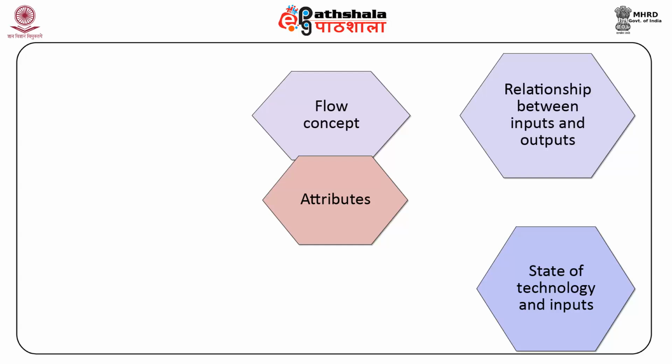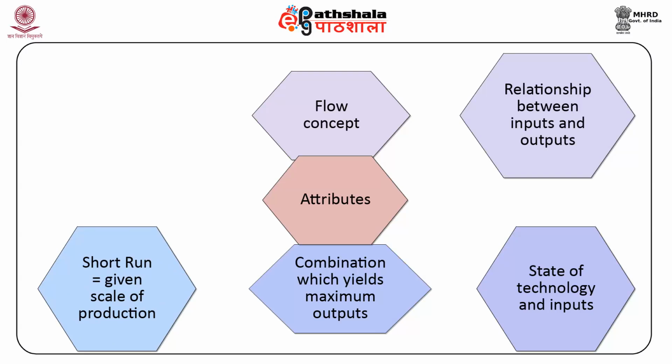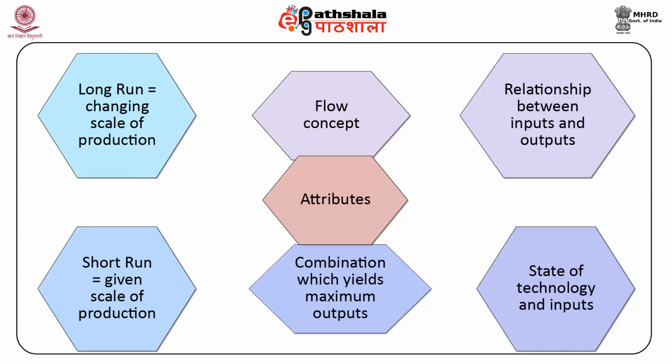Fourth, from the economic point of view, a rational firm is interested not in all the numerous possible levels of output, but only in that combination which yields maximum output. Fifth, the short run production function pertains to the given scale of production. Sixth, the long run production function pertains to the changing scale of production.